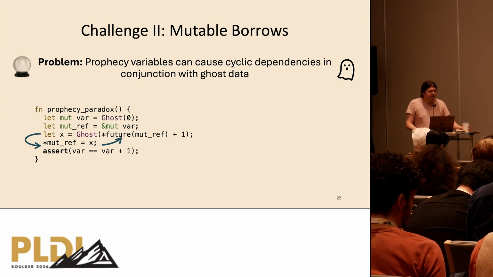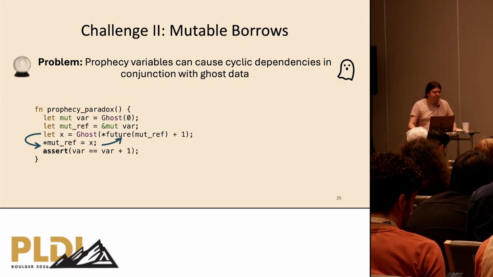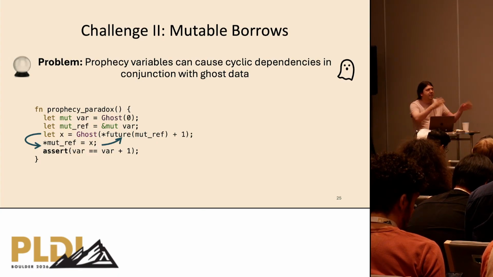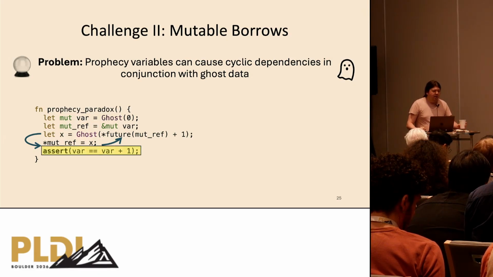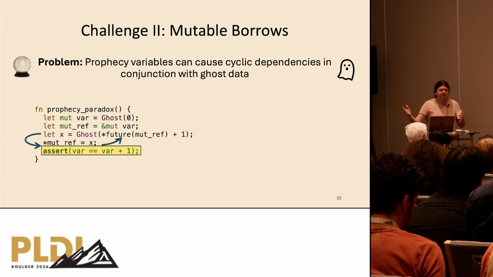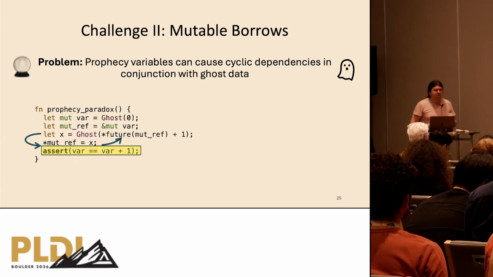So there's a paradox here, for example, where we have a prophecy going in a circle where we're prophesying the future value of some ghost state, but the ghost state itself captures the prophecy variable. And this quickly leads to a contradiction because you can define the prophecy variable in terms of itself. And so this is a clear unsoundness.